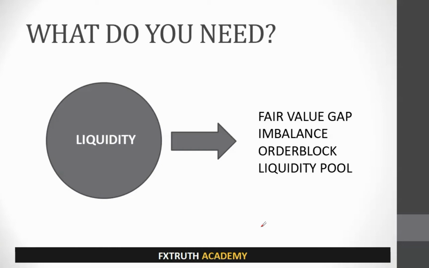All those higher highs and higher lows you see on your chart are actually created by price moving from a fair value gap into an order block, to a liquidity pool, to an imbalance. So all those market structures are created because price is going from one liquidity to another, from the buy side liquidity to the sell side liquidity, and from the sell side liquidity to the buy side liquidity, and that will create the market structure that you know.